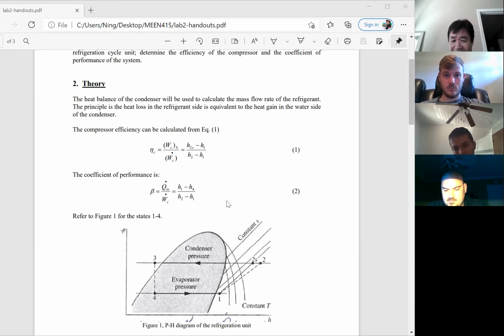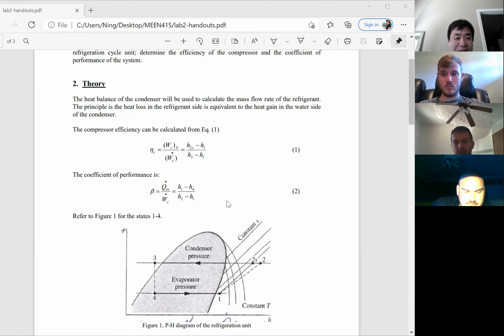These 2 labs basically cover most of the important information of a refrigeration cycle. We reviewed it, and then we do a hands-on experiment to measure it, right? The only thing we didn't touch much is the evaporator, the air side heat transfer.